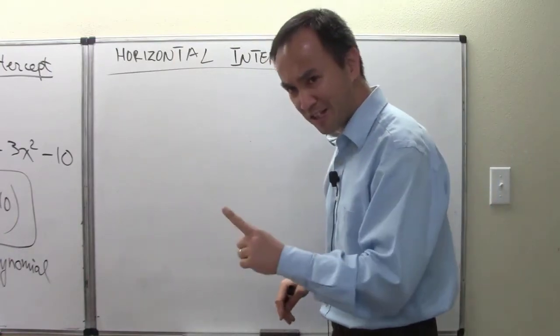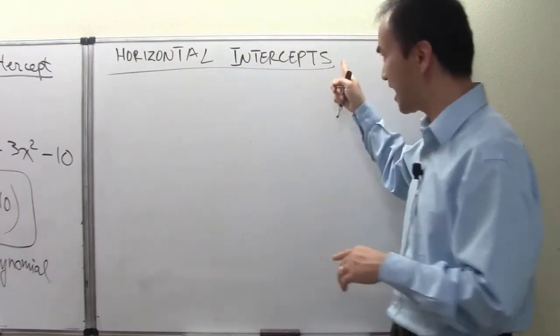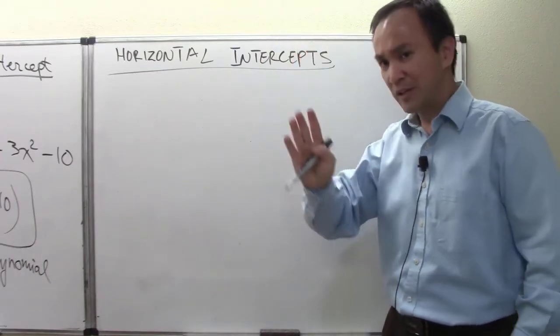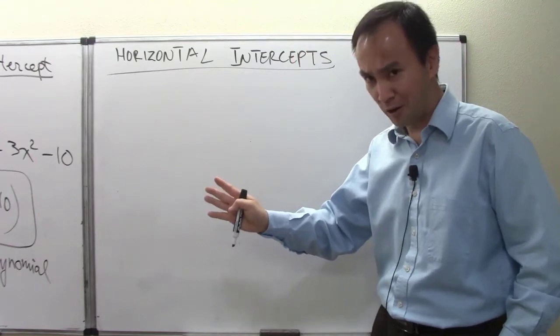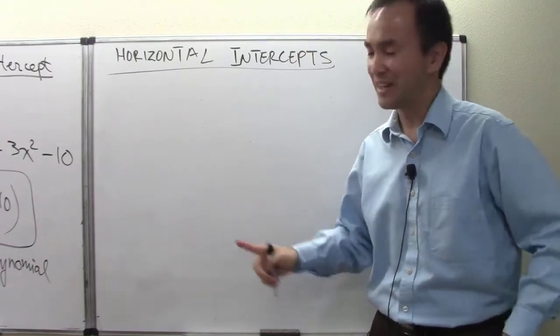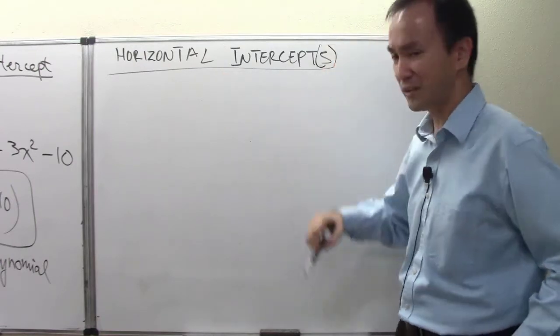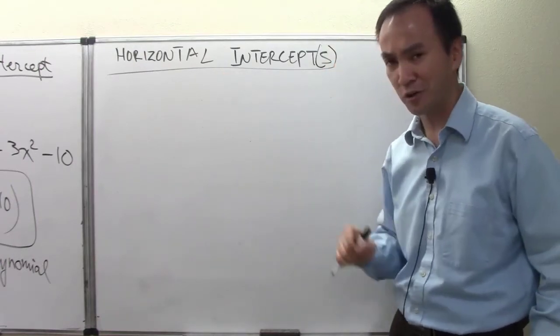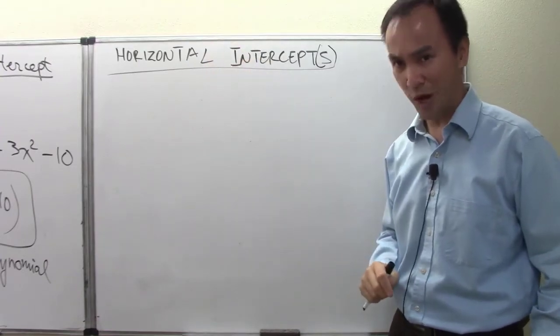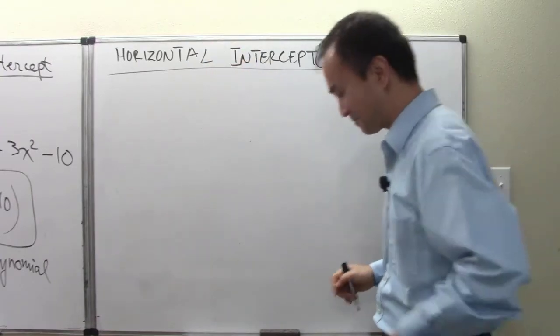Nail this down: I'm saying horizontal intercepts because a polynomial may not have an intercept at all, or it may, and once it has an intercept, it may even have more than one. That's why I'm saying it in optional plural; we may have more than one horizontal intercept as well. Okay, so let's get to it.